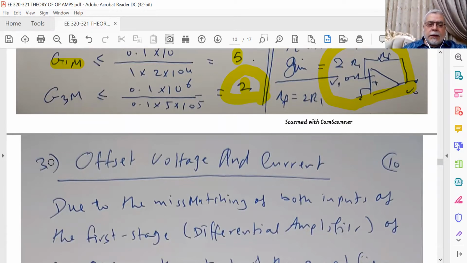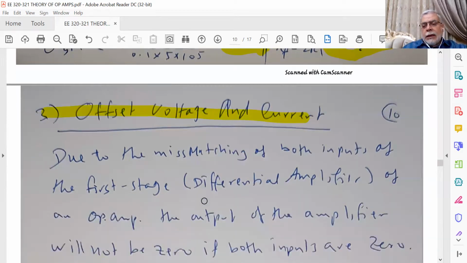The third limitation for this circuit will be the offset voltage and current, the DC offset, and this is an output voltage at the amplifier with input voltage equal to 0. This non-zero output voltage will be due to the mismatching of both inputs of the first stage of the amplifier.